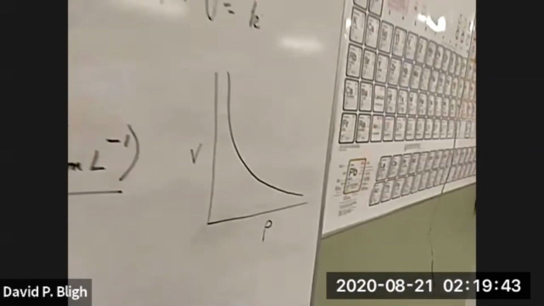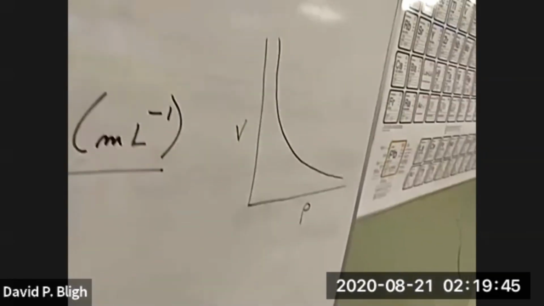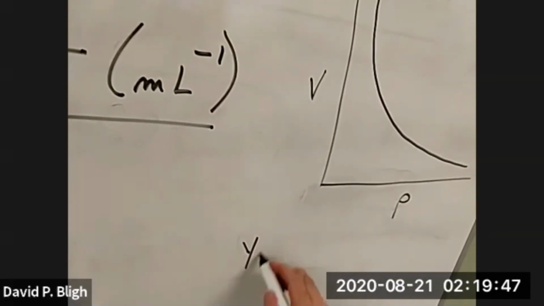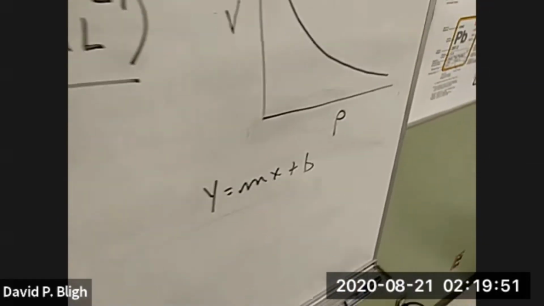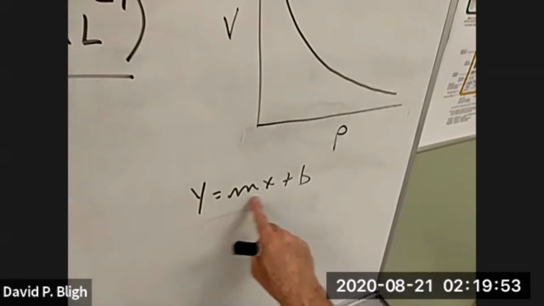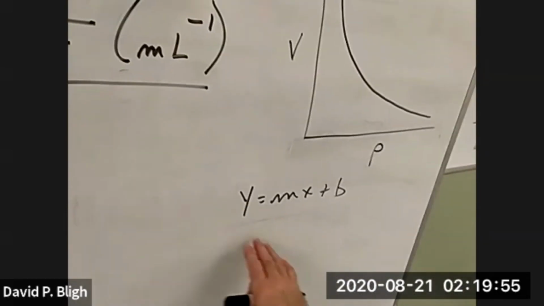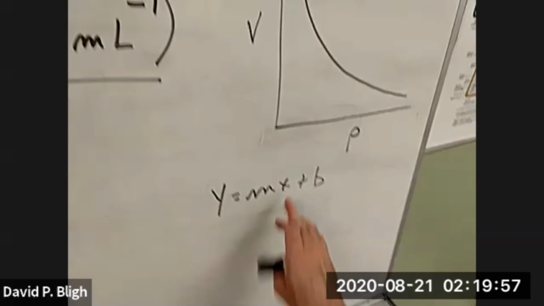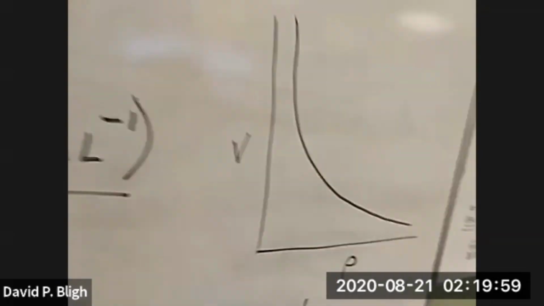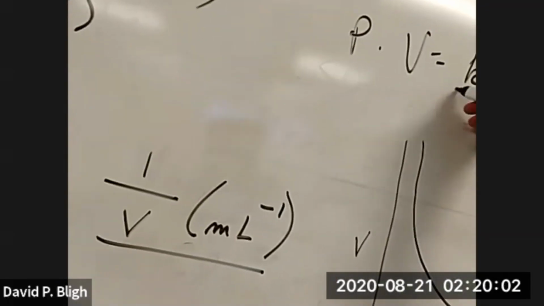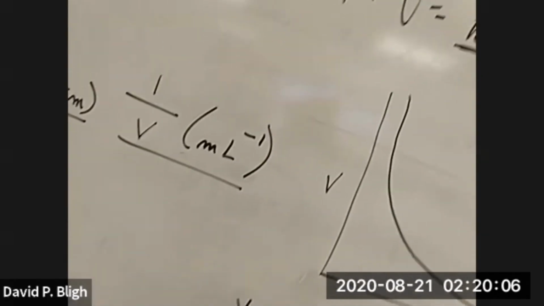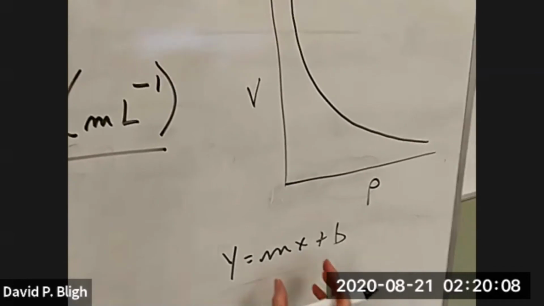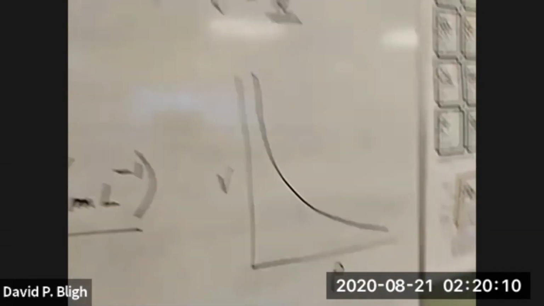Well, how does that work? What do you need to be a straight line? You need y equals mx plus b. Right? So you need the slope of your straight line here, and then you need your variables there. So this slope is a constant. There's your constant. That's your m. So how do we arrange this to put m times one of the factors?